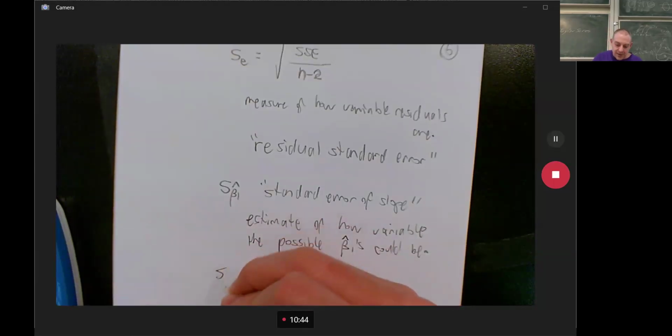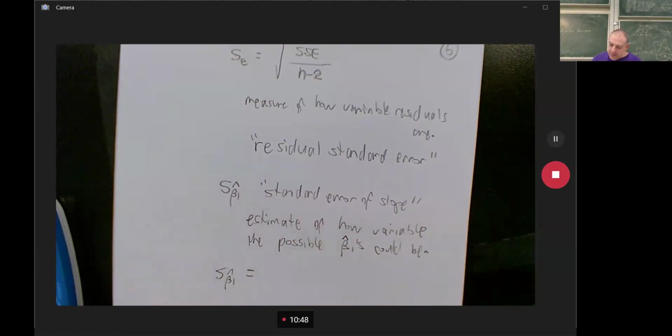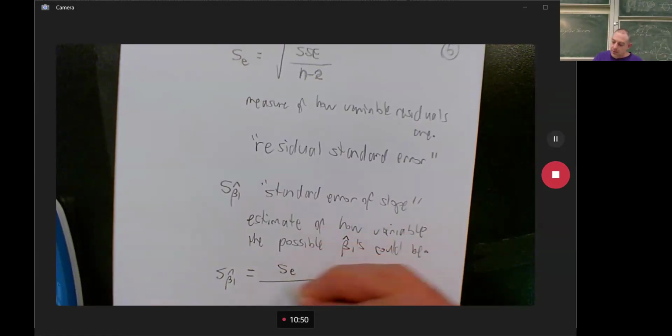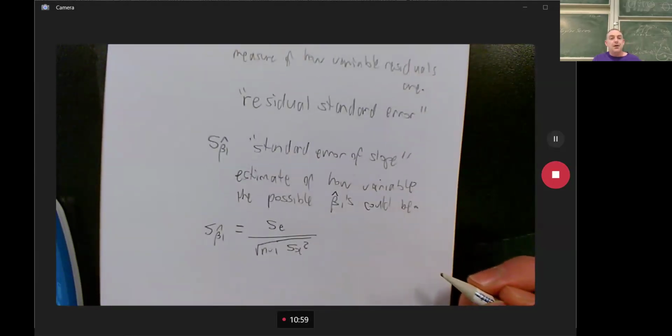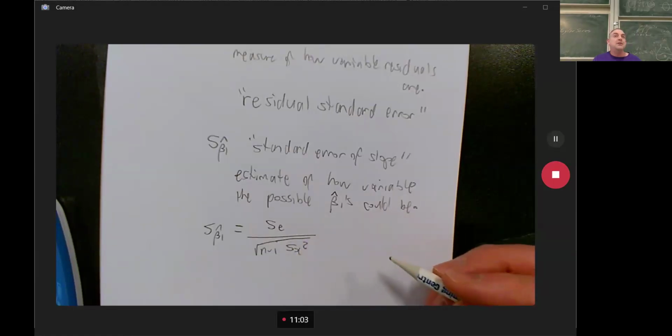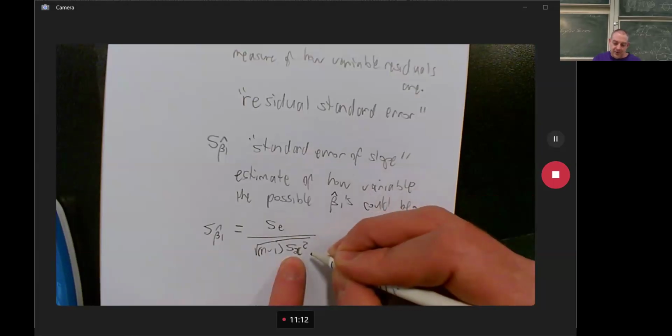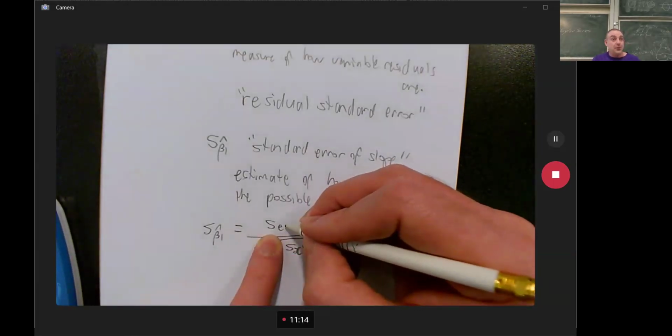And this thing is calculated this way. It is SE over the square root of n minus 1 times the variance of x's. I don't know why they went to all the effort of putting something squared under a square root. That seems like a waste of everyone's time, but whatever. That is SX squared, and that is SE not squared.